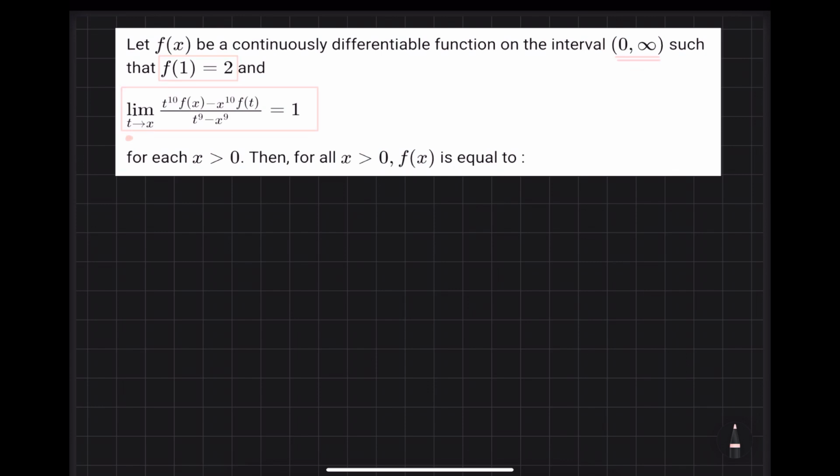While solving a limit, you are aware that we substitute the limit first. So we replace t with x, and it becomes x to the power 10 f of x minus x to the power 10 f of x, which is 0 in the numerator, and in the denominator x to the power 9 minus x to the power 9, which is 0.